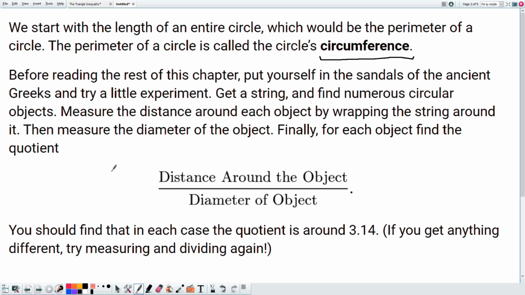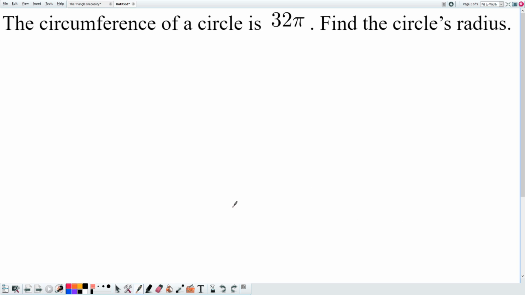For example, the most popular ratio is the distance around the object over the diameter of a circle. If you actually find that ratio in any circle, it's always 3.14. It's always pi. Pi is defined as the distance around a circle over the diameter, or the circumference over the diameter. Anyway, with all that being said, let's approach our first problem.